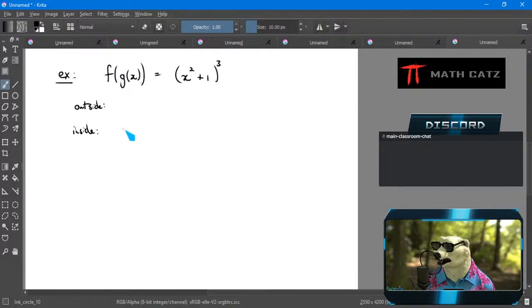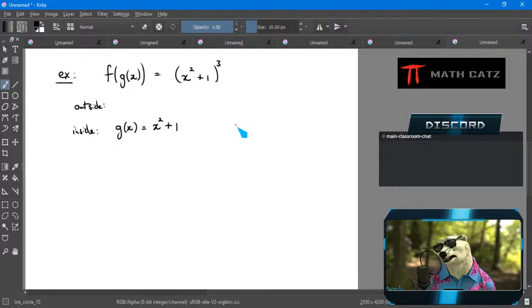It doesn't mean you have to. But very often it's a little bit easier to spot the inside function. The inside function in this case is going to be x squared plus 1. The brackets sort of give it away. And that's often the case, but not always.